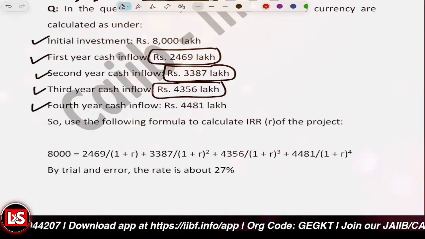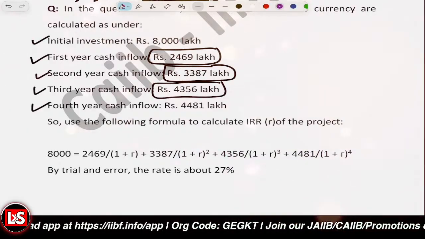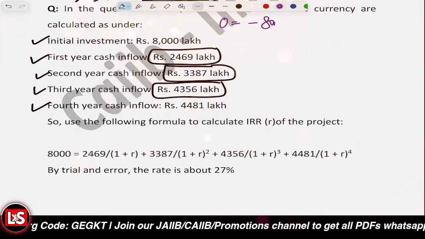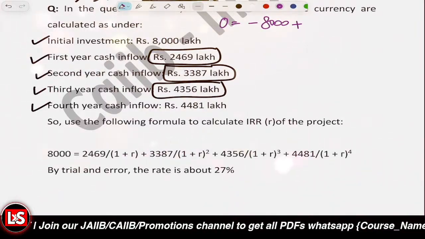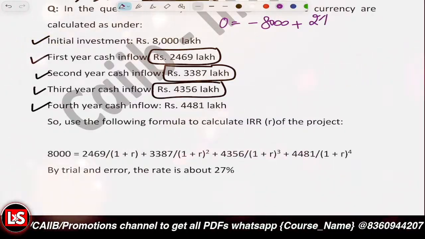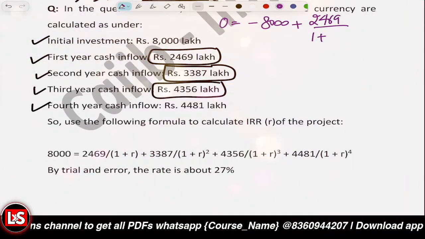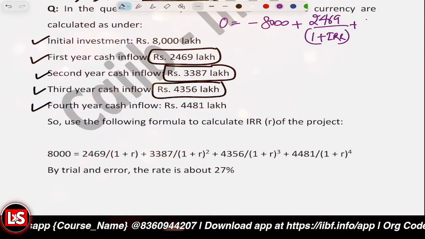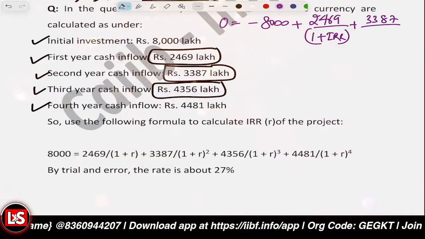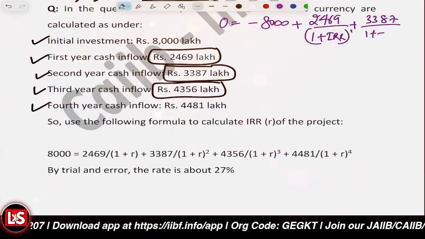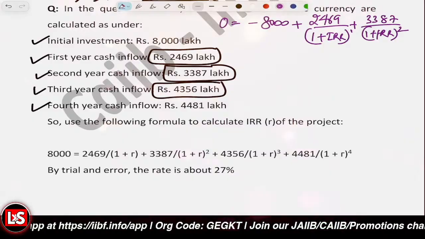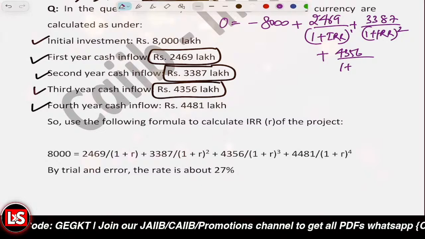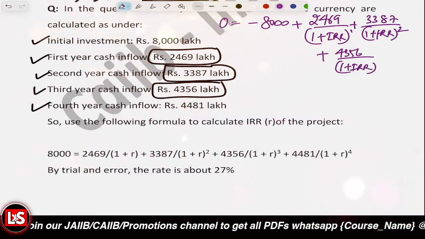So what is the equation here? Let me re-elaborate the equation. Initial investment, NPV is equal to 0. The initial investment is negative, so there is a negative sign. And for the amounts that you're getting as cash flows, it is 2469 divided by 1 plus IRR, plus the second one, 3387 divided by 1 plus IRR raised to power 2, and the third one, 4356 divided by 1 plus IRR raised to power 3.